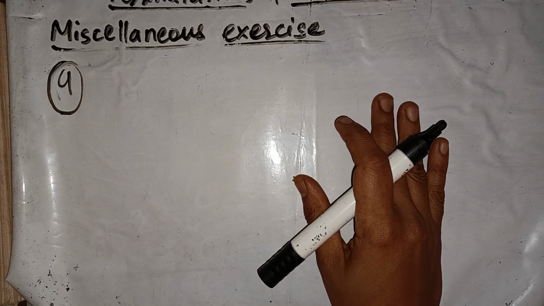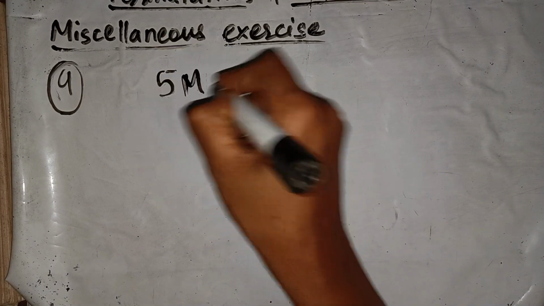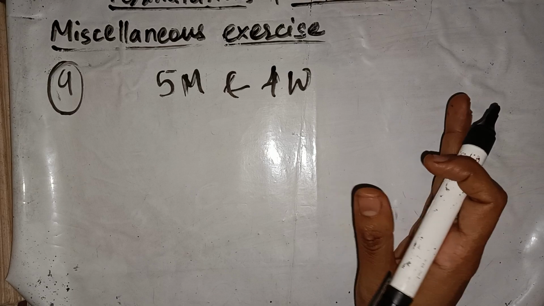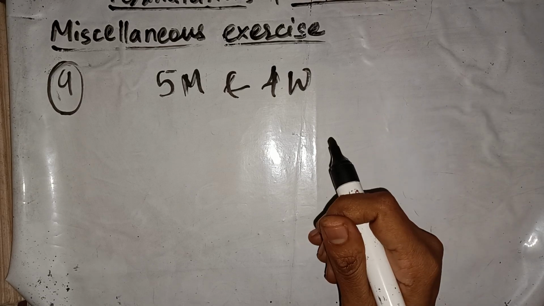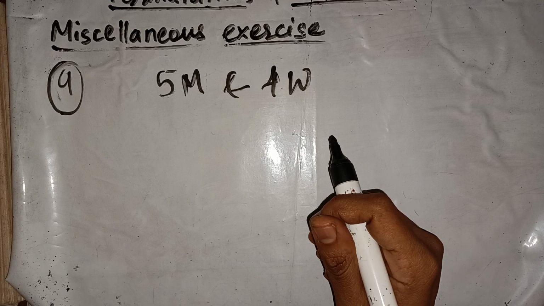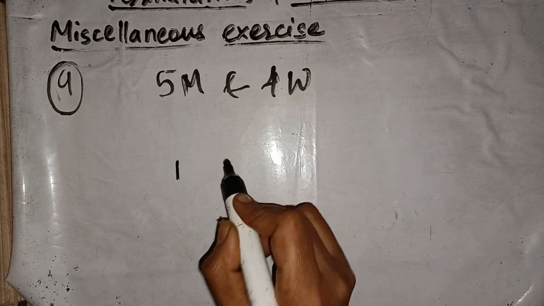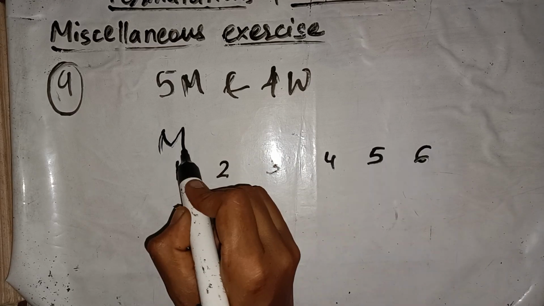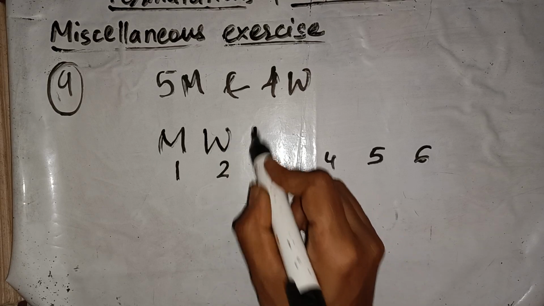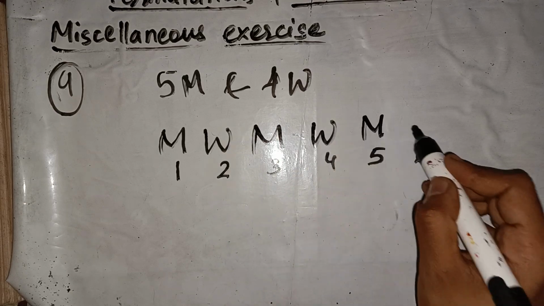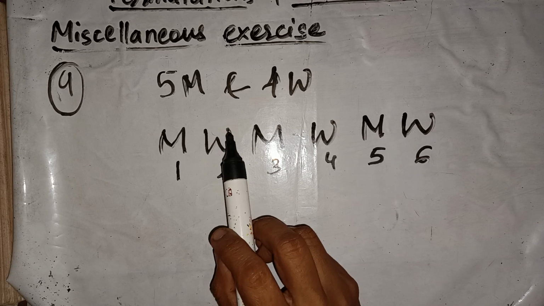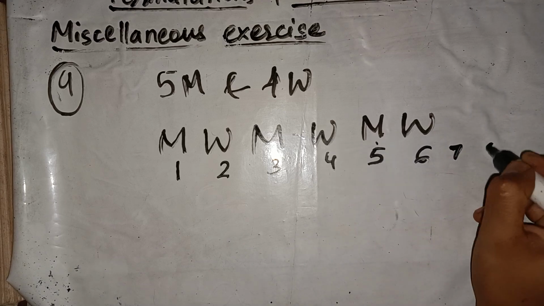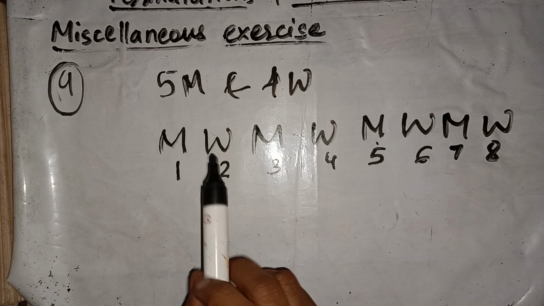It is required to sit 5 men and 4 women in a row so that the women occupy the even places. How many such arrangements are possible? Even places means first place, second, third, fourth, fifth, sixth. So here man, then woman, then man, woman, man, woman. 4 women, 5 men.